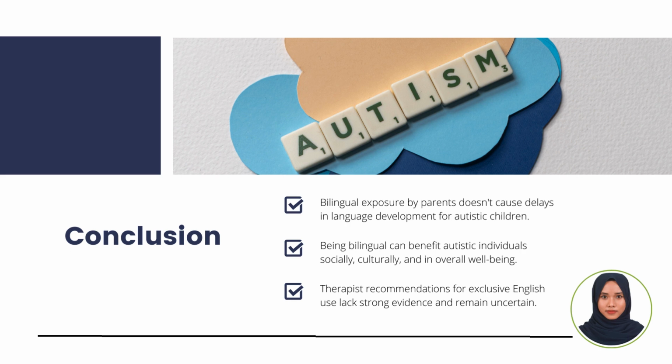Being bilingual can offer social, cultural, and well-being advantages for individuals with autism. However, despite the therapists' recommendations for exclusive English use, there's uncertainty and insufficient evidence to support this advice.